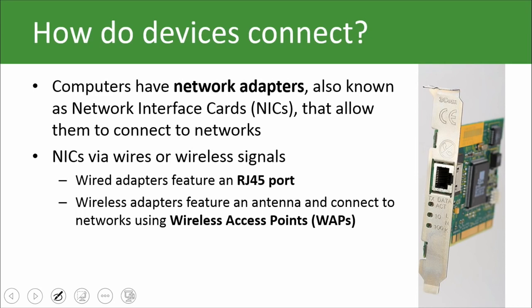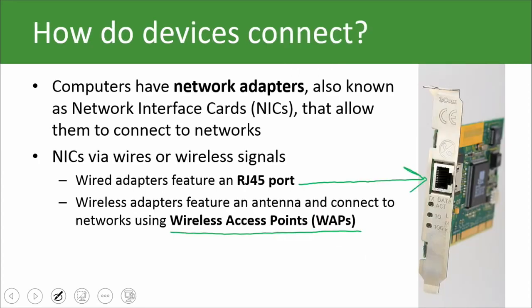And this wired adapter features something called an RJ45 port. Wireless adapters feature an antenna in contrast, and they connect to networks using wireless access points, which are also an essential connecting device, and we'll detail them a little bit later in a different module.